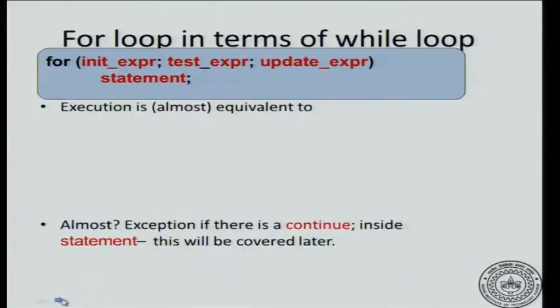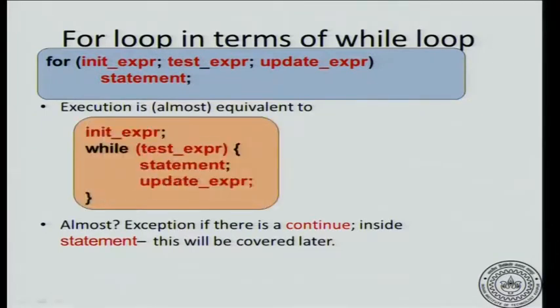This sounds a bit complex at first, but it is quite simple to use once you get the hang of it. The execution of the for loop can be understood in terms of the while loop. The execution of the for loop is almost equivalent to the following while loop. You have the initialization expression before the while loop, then while test expression, you have the statement, and then you have the update expression.